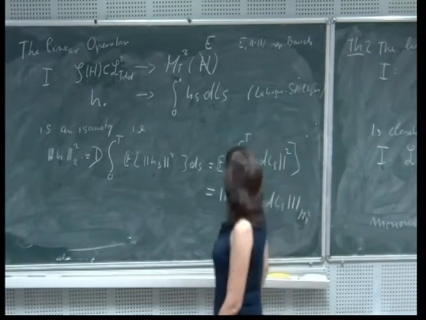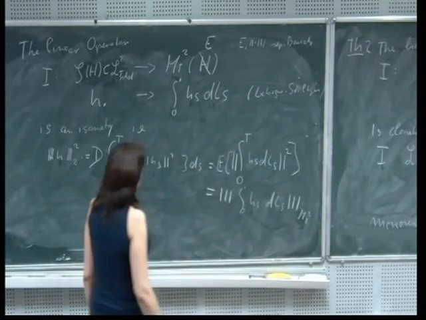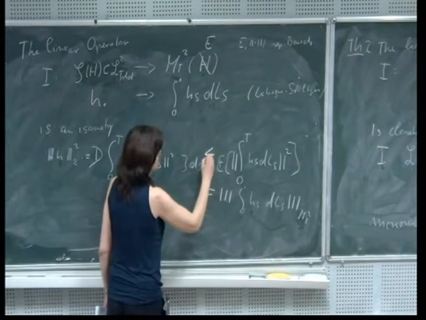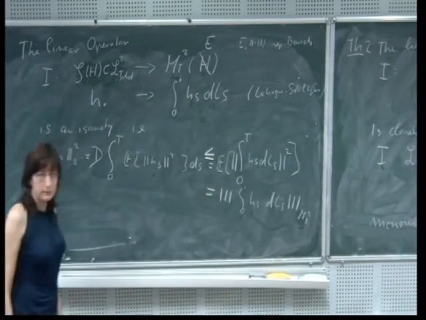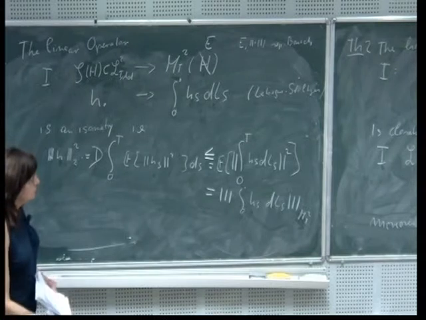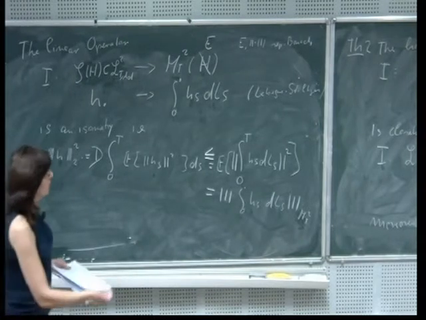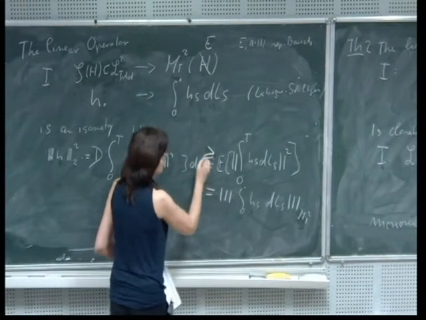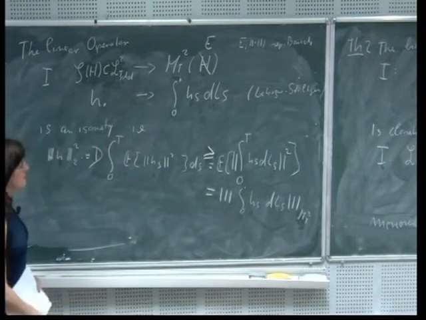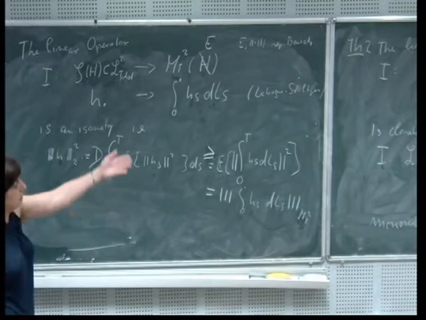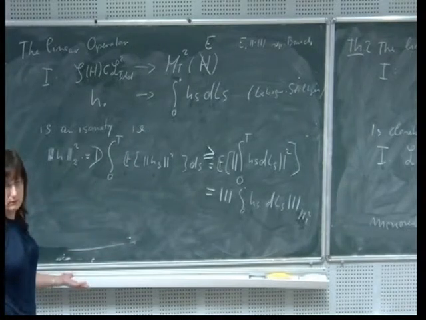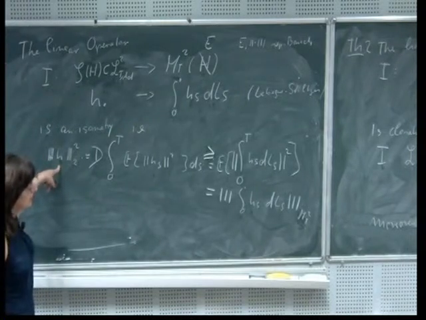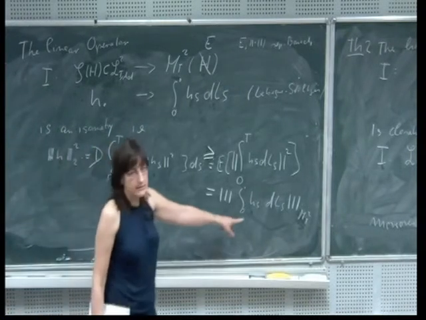And now, suppose we would be able to prove that here an inequality holds. If this is true, the whole theorem 2 is still valid. Because, again, if I have a Cauchy sequence here, I will have a Cauchy sequence here.